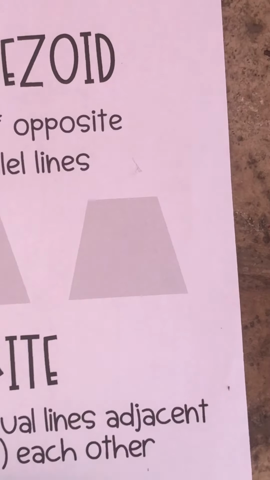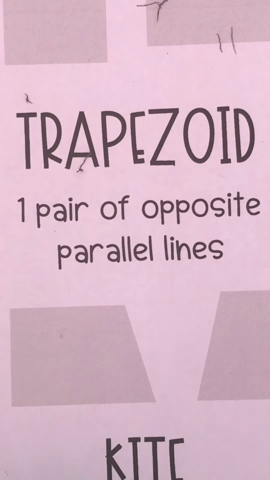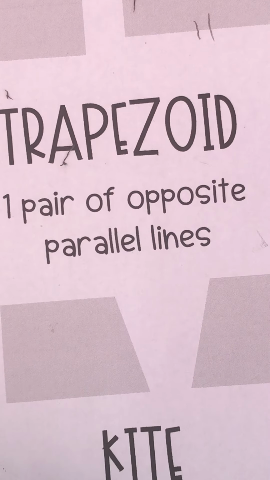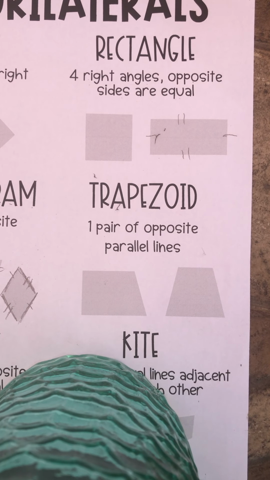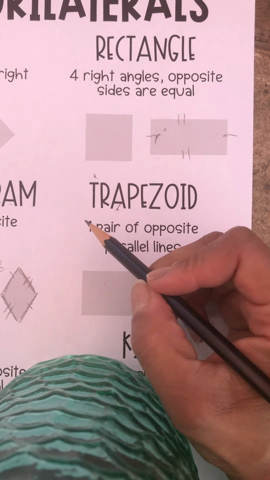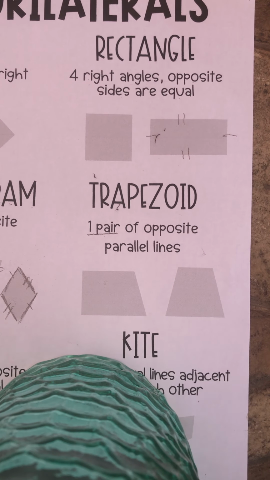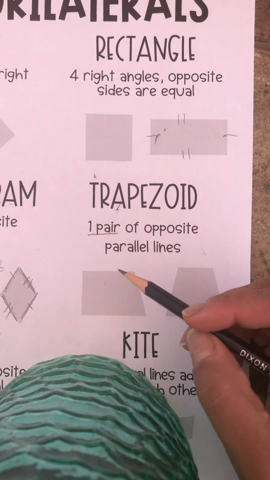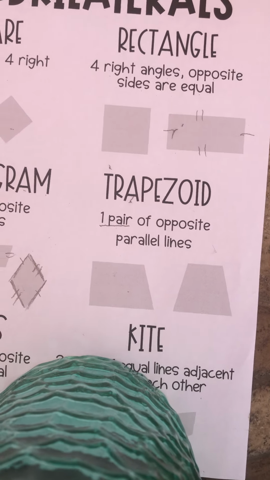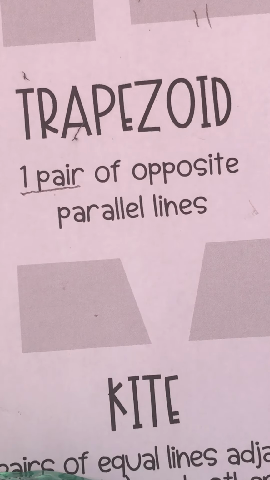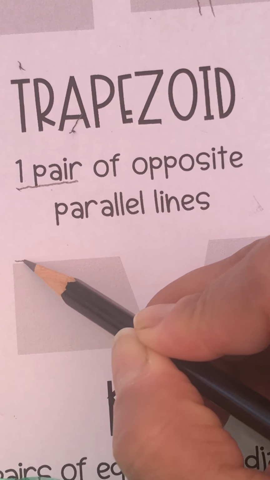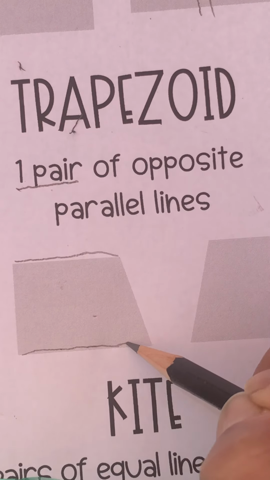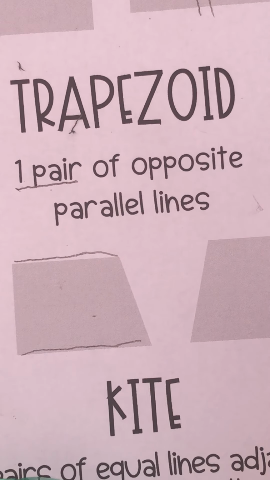Okay, now going to the trapezoid. We know that a trapezoid, let me zoom out here a little bit, oops. Okay, a trapezoid is 1 pair of opposite parallel lines. So this time you only have 1 pair of opposite parallel lines. In this picture, if I zoom in a little bit here, you've got this line and this line that are parallel to each other.